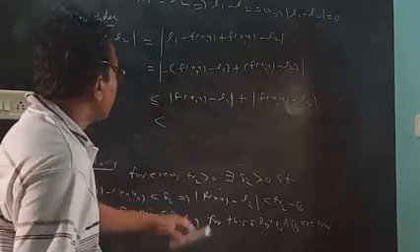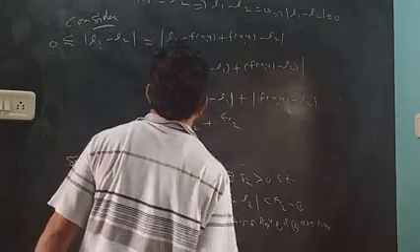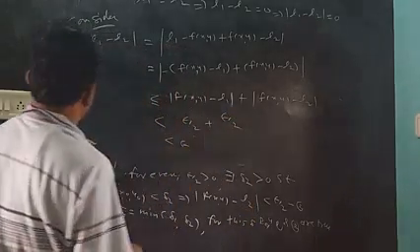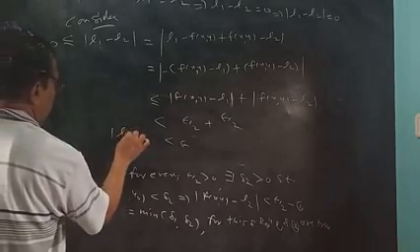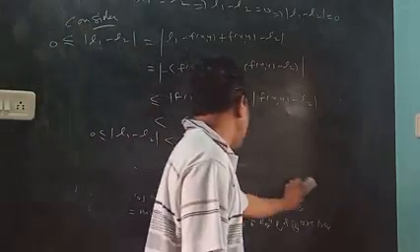By equation number 1, this is less than epsilon by 2 and this is less than epsilon by 2, that is, epsilon. So mod of L1 minus L2 is greater than or equal to 0 and less than epsilon.